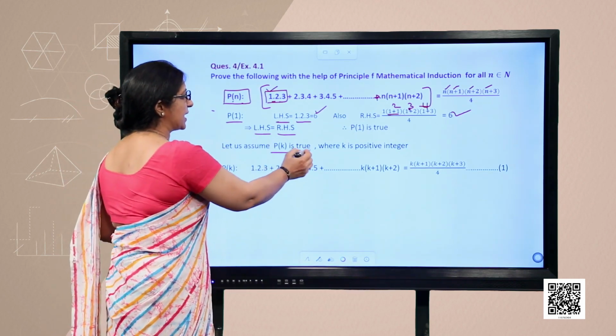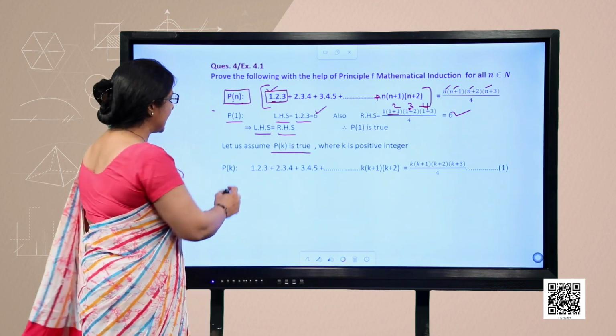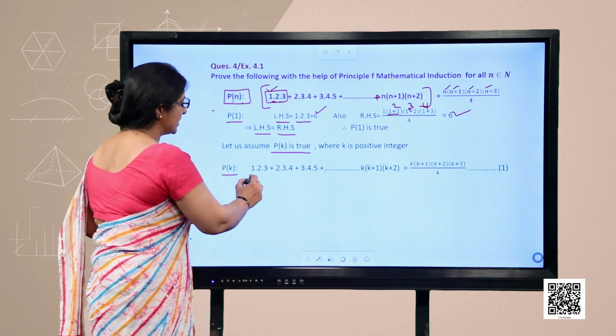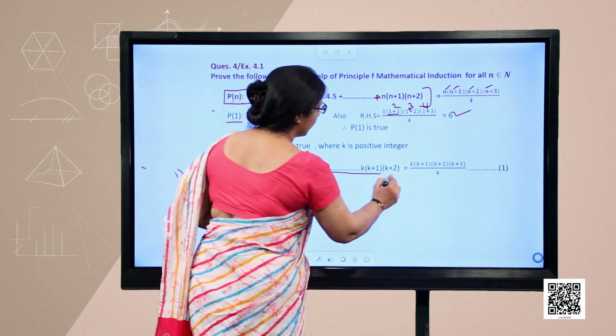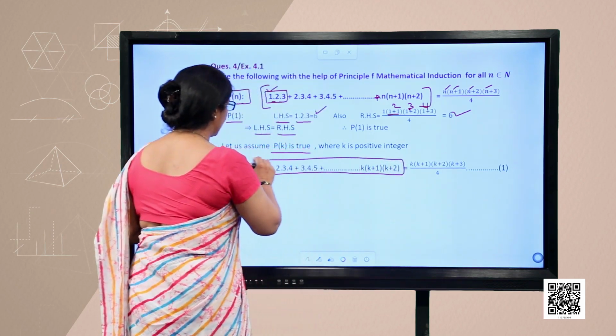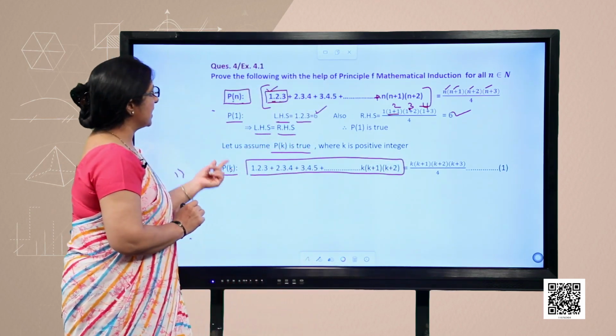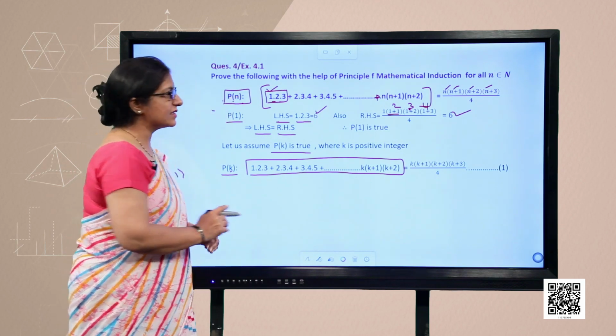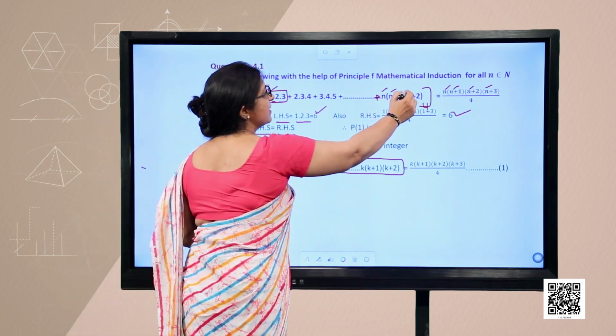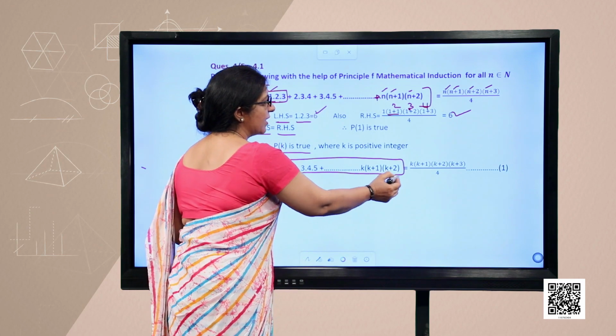Before moving to P(k plus 1), let us write P(k). What is P(k)? What is the difference between the statement P(k) and P(n)? The only difference is wherever there is n, we will replace it by k.